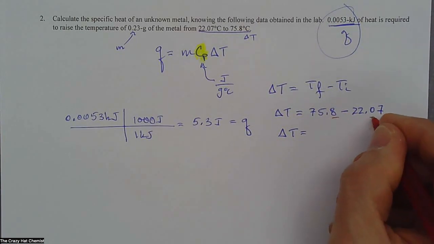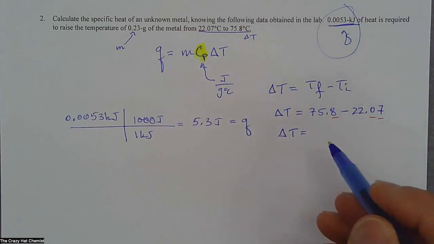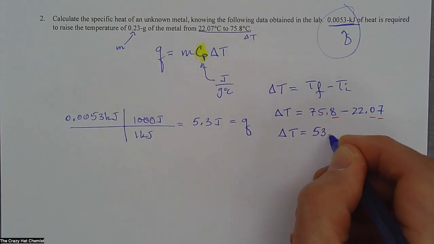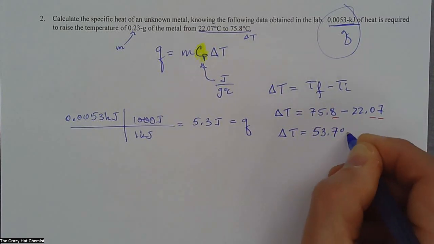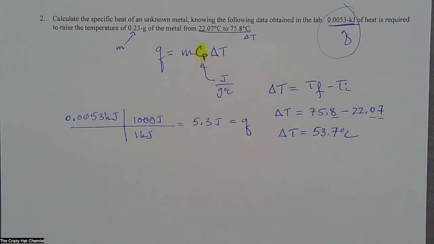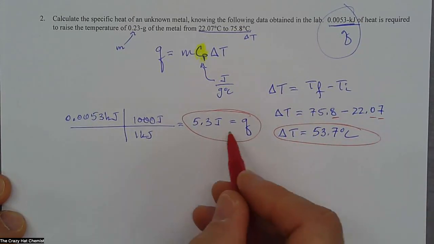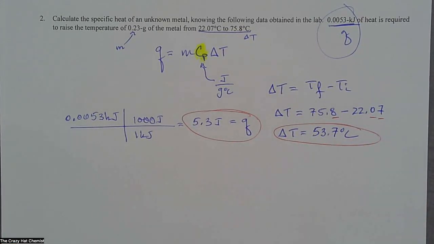This has 1 and this has 2. So my change in temperature here is going to have 1 decimal place. So that's going to be 53.7 degrees Celsius, rounded to 1 decimal place. So now I have my delta T, I have my Q term, and let's see, what else are we missing? Well, we already are given the mass, and that has the correct units, so that's perfect.